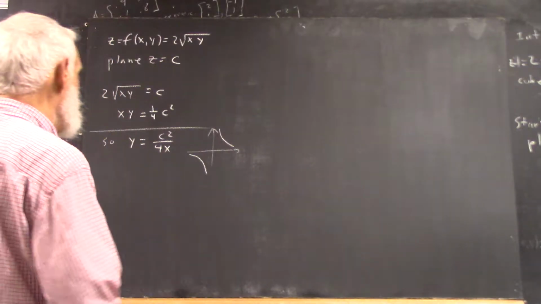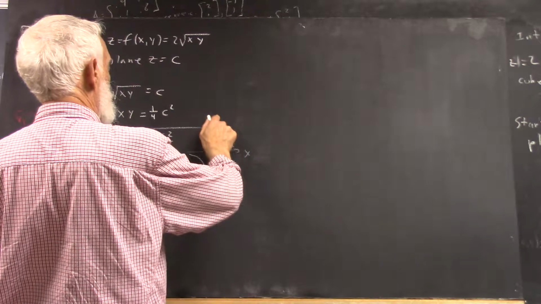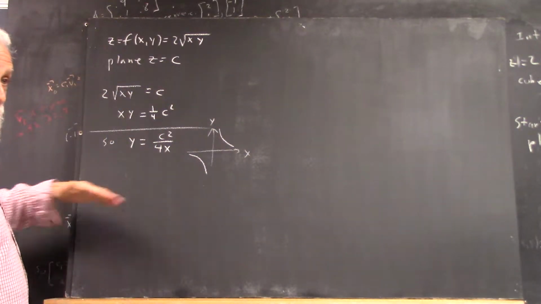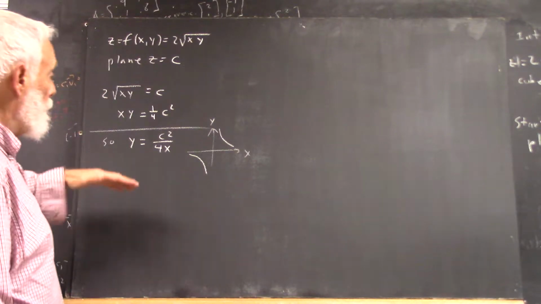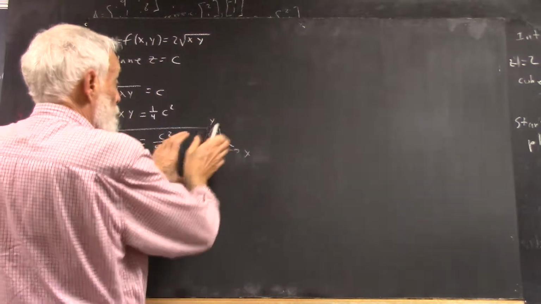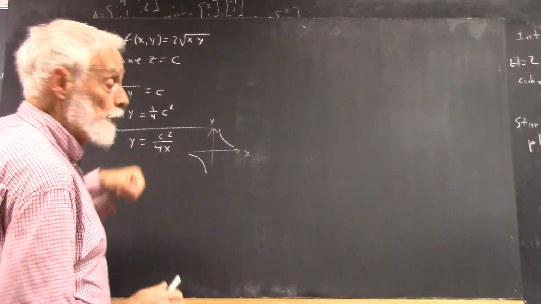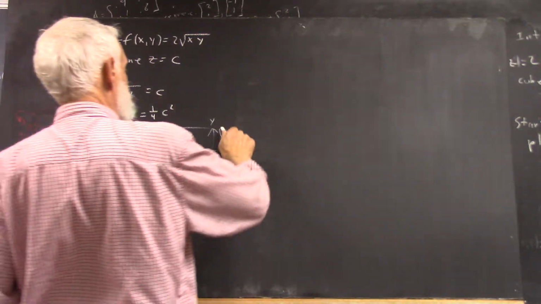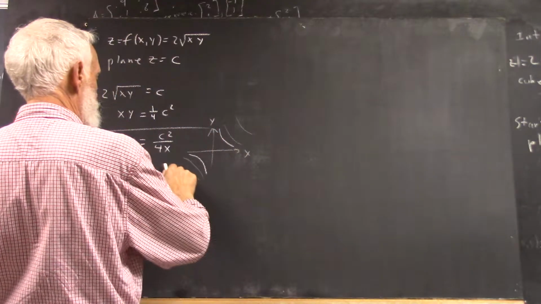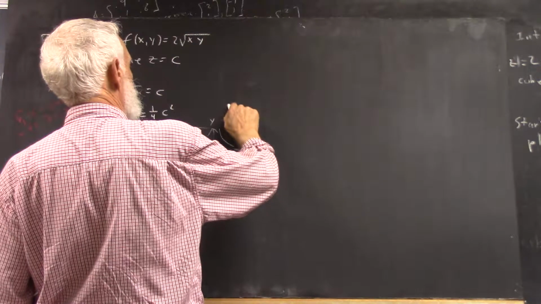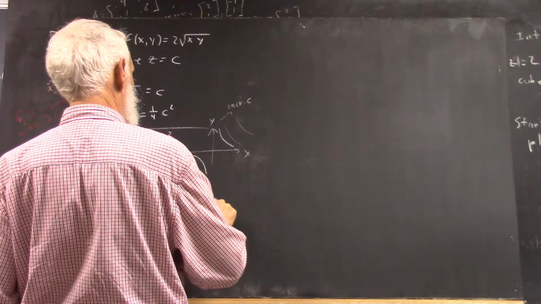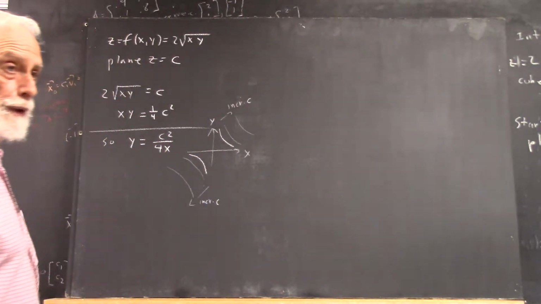So here's x and y, in the plane where z equals c. You go up to higher planes, and you get a bigger value of c, which just moves these curves out from the origin. So for increasing c, we get this.